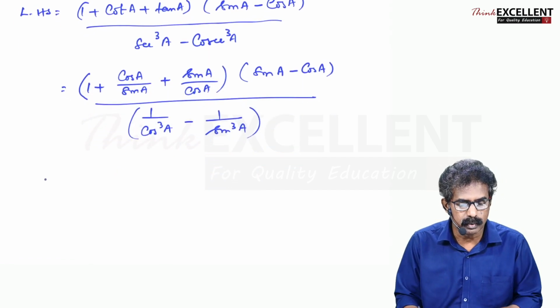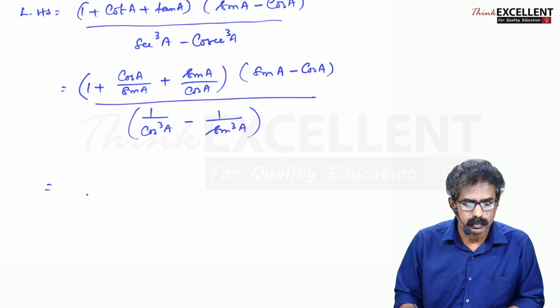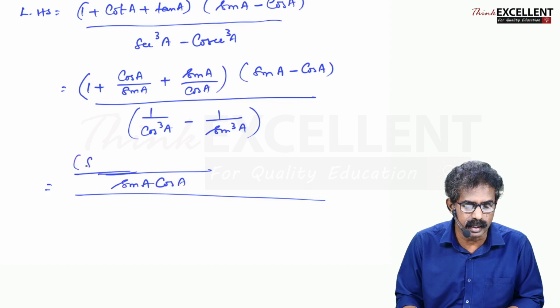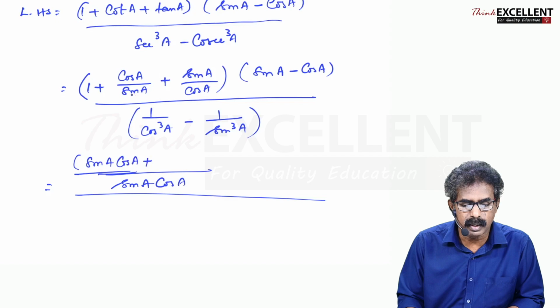Now you see, the first bracket you take LCM. What's LCM? Sin A cos A. So first you will get sin A cos A. Second one, sin A is there, cos A is missing. So cos A into cos A, it is cos square A, plus sin A into sin A is what?